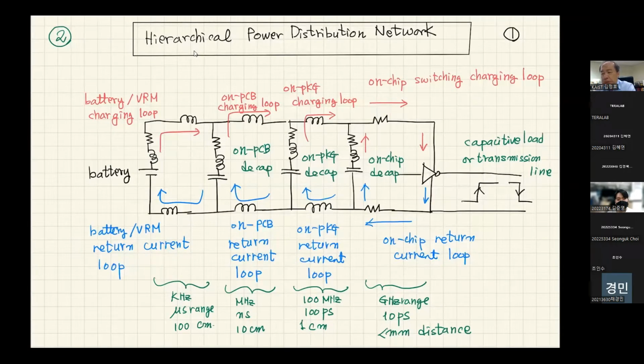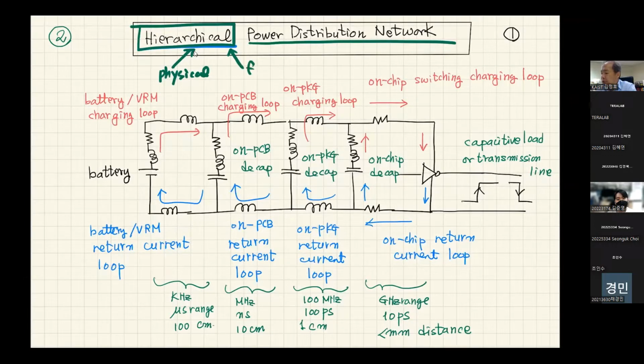One approach to minimize the simultaneous switching noise is hierarchical PDN network design. Hierarchical means the physical level should be hierarchical.